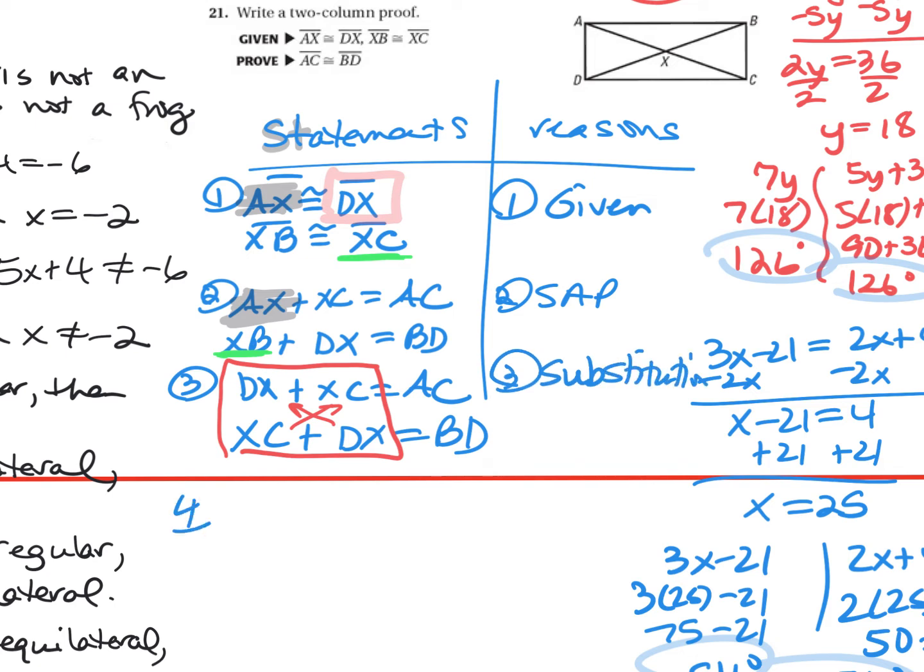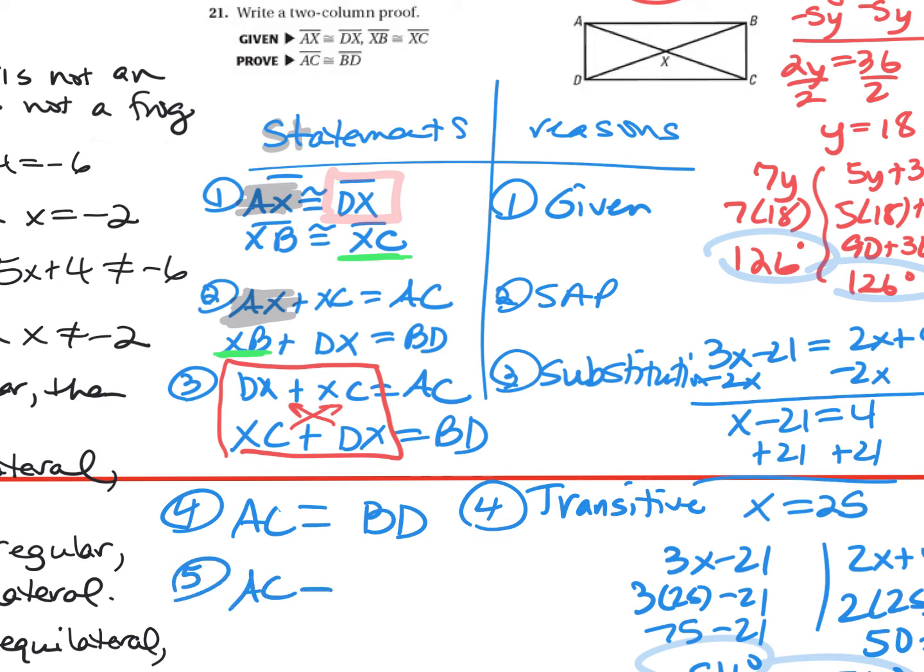And now I could do transitive and say that AC equals, or is congruent to BD. And then, actually, let me keep it in the equal sign, and then I'll show the definition of congruent segments. So here we could say that that's equal, that's transitive. Now, if you would have just put the congruency symbol there, that would have been fine.